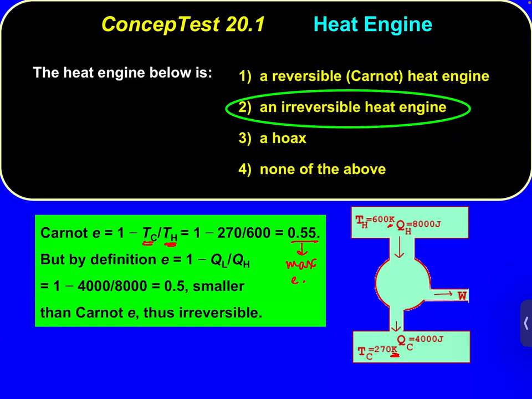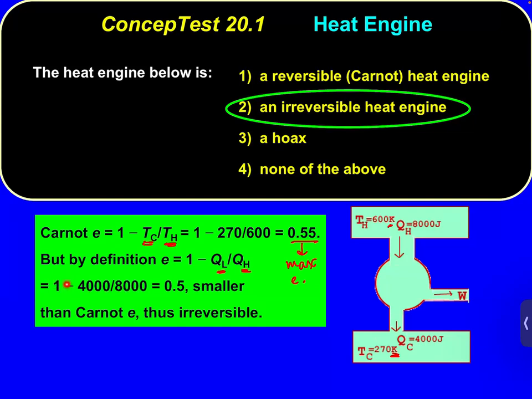But this engine draws 8,000 joules and expels 4,000 joules. So if you calculate the real efficiency, you have QL, the energy expelled to the cold sink, divided by QH, the energy taken from the hot reservoir.